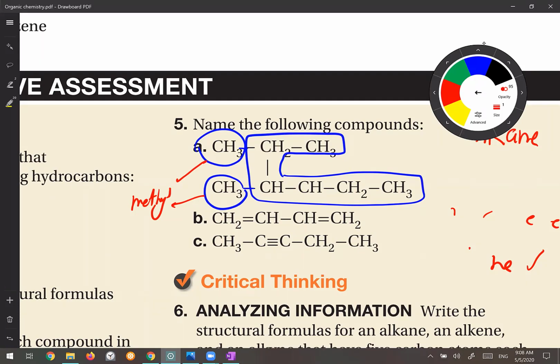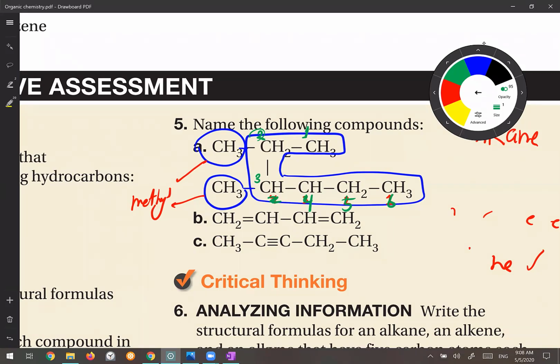For this example, if we number it from the top, 1, 2, the branch receives number 2. But if I number it from the right side at the bottom, it becomes number 1, number 2, number 3. The first branch is on number 4. So obviously I have to number it from the top because the branch receives a smaller number, number 2. So it's number 1, 2, 3. This one is 4, this one is 5, and this one is 6.